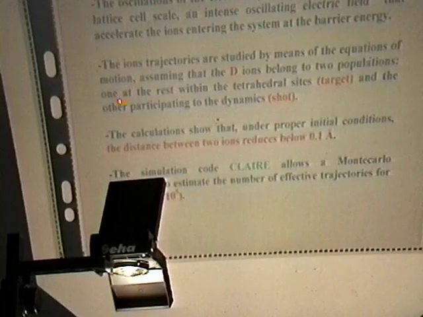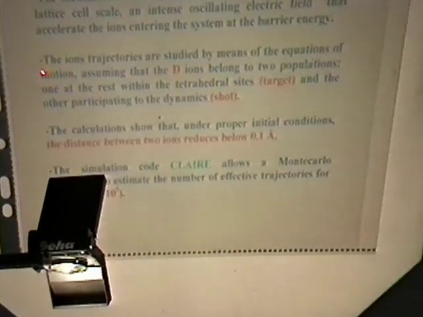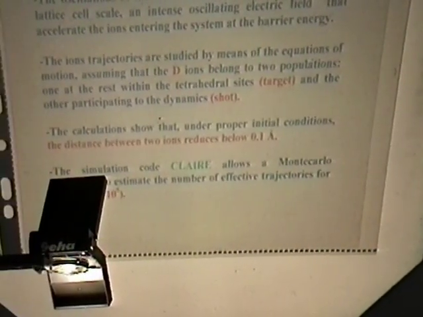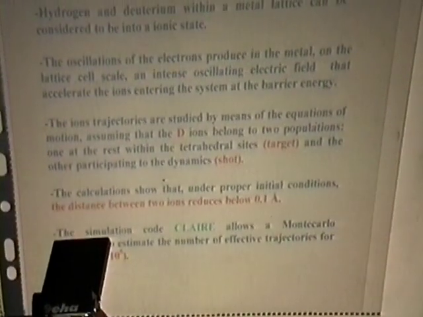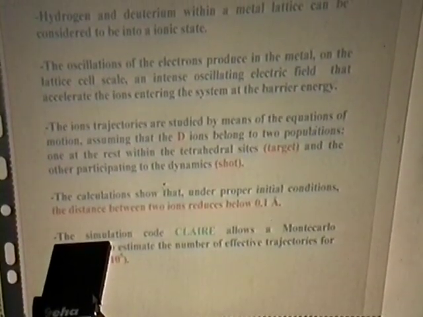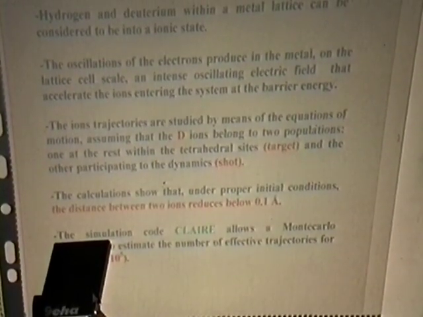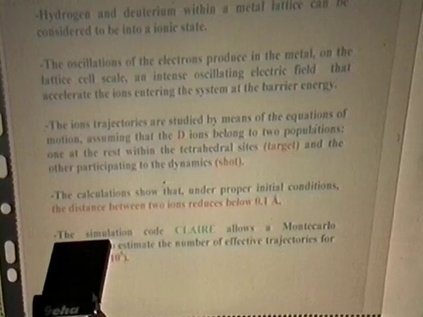So we know that this oscillation produced by the effect of the charge separation is an intense electric field, and the effect is an acceleration of the ions. The trajectories of the ions are studied by means of the equation of motion, assuming that the deuterons belong to two populations.